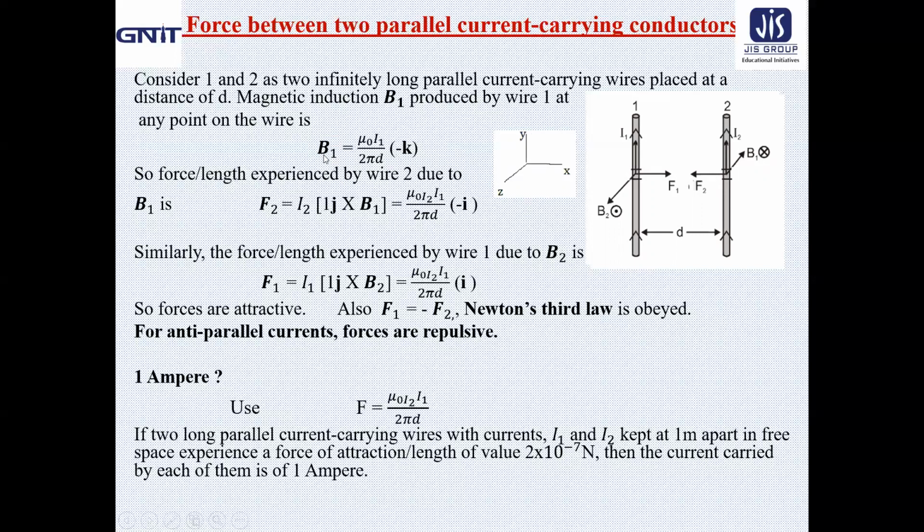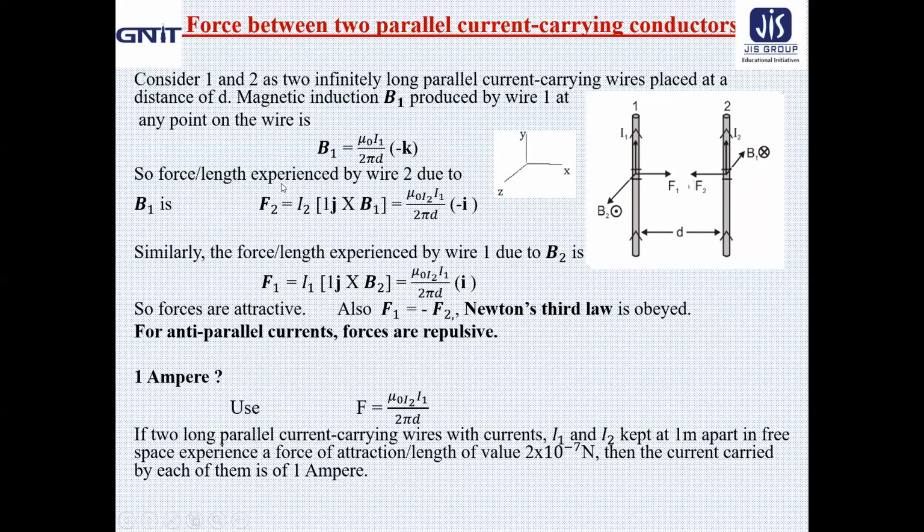So, the magnetic induction B1 produced by wire 1 at any point on wire 2 is given by B1 equal to mu naught I1 by 2 pi d into minus k, where k is the unit vector along z. So, the direction is in the minus z direction, so it is minus k.